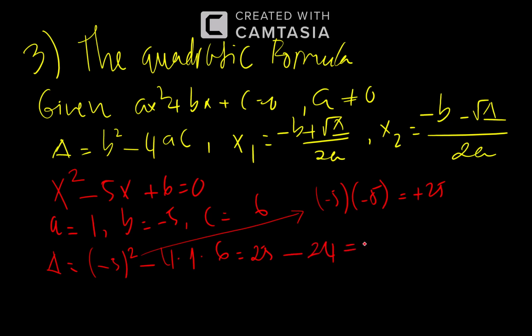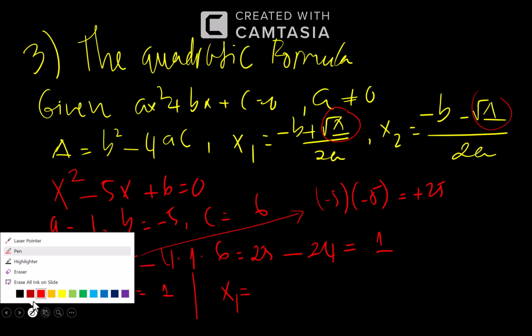So 25 minus 24 is 1. So why do we need to find the square root of delta? Because in our formula there is the square root of delta. The square root of delta is the square root of 1, so equal to 1.